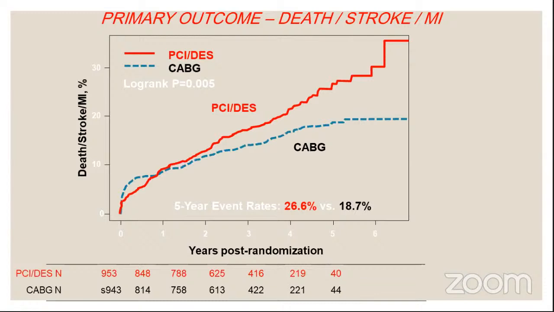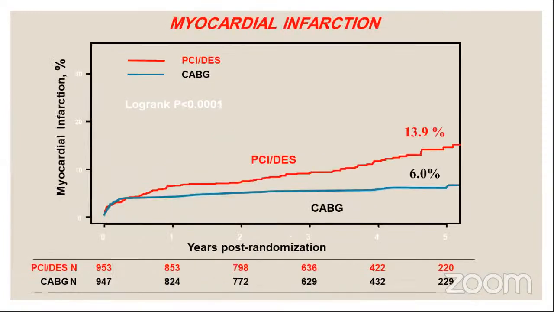As you can see, the PCI group had a rate of 26.6%, and the CABG group had a rate of 18.7% of developing death, stroke, and myocardial infarction after almost 5 to 6 years, which shows statistical significance.